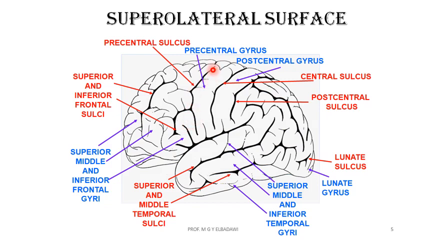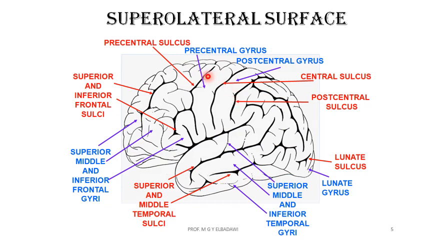Then, along the parietal and part of the frontal, the central sulcus, anterior to it, the precentral gyrus, sulcus, and the post-central gyrus, and the post-central sulcus.